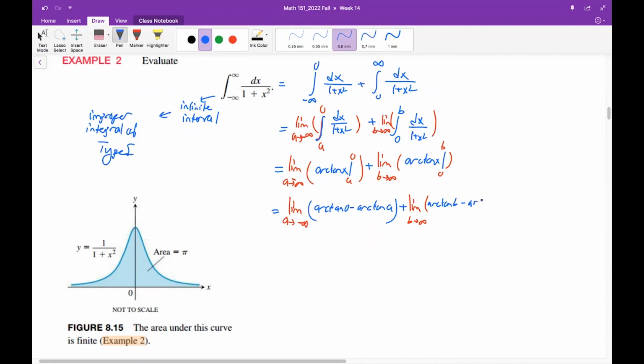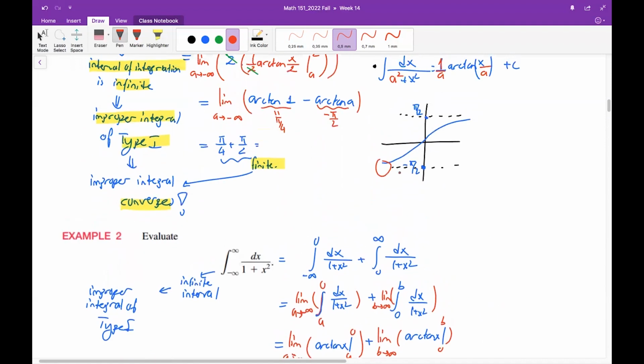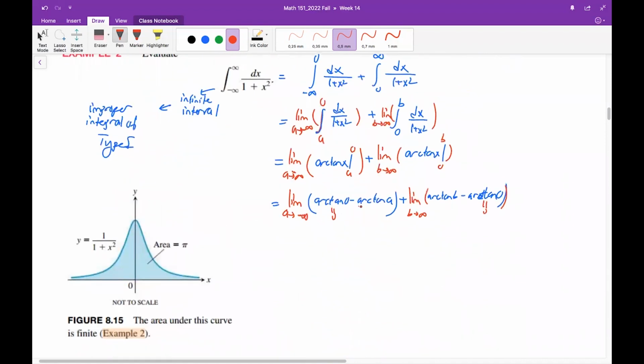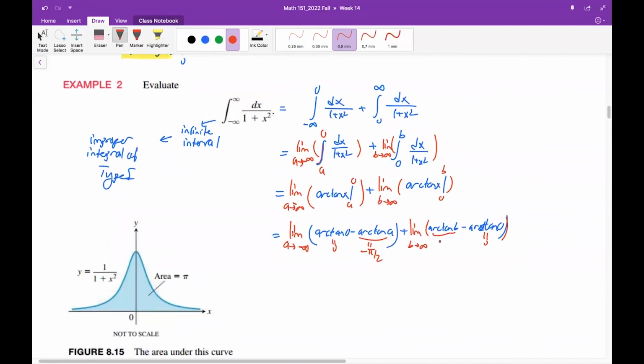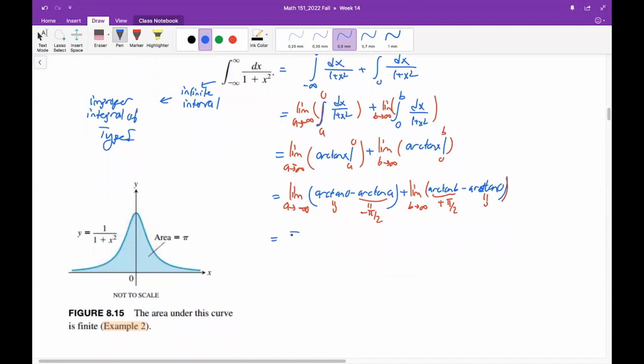So arctangent 0 is 0, and arctangent of minus infinity is minus pi over 2. And arctangent of plus infinity is plus pi over 2. So the result for this improper integral is minus minus plus, and we have another plus pi over 2 here, so the result is pi.